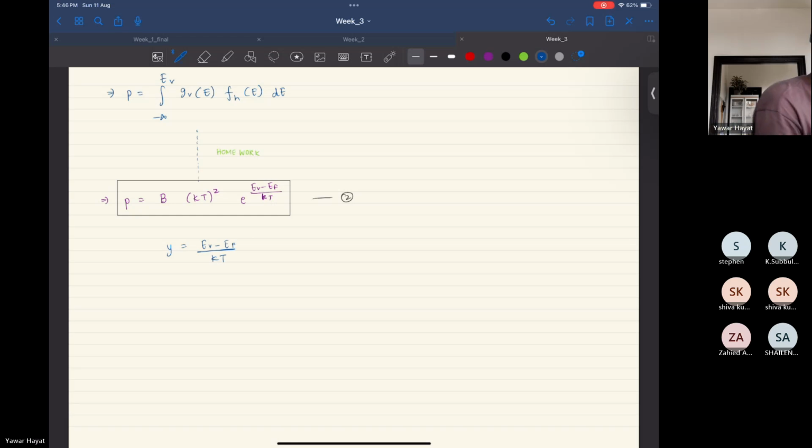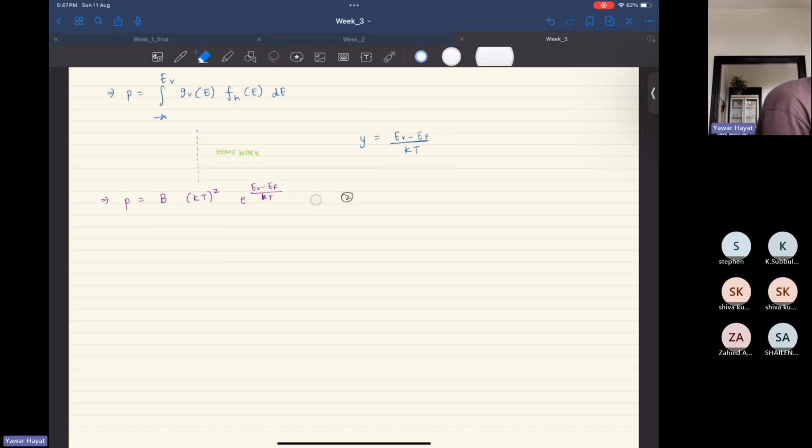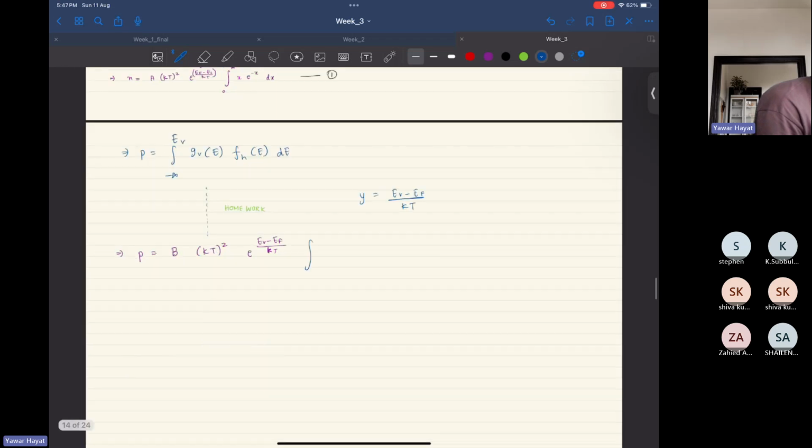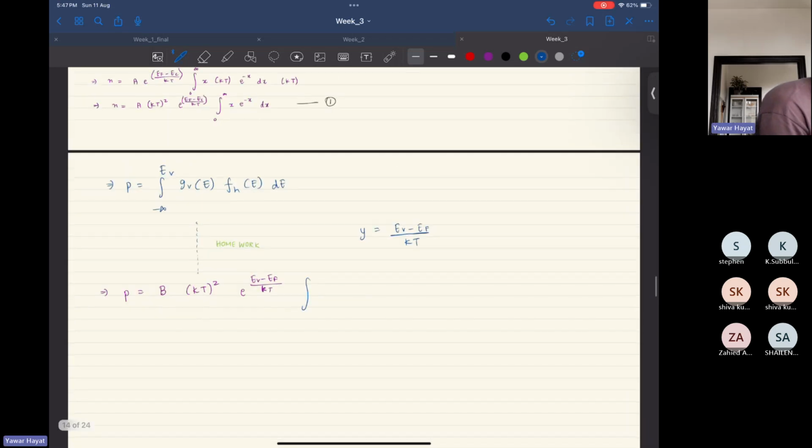I mean, my bad, I guess I missed out. We need to use this substitution somewhere here, right? In this homework. And what we'll end up is we'll be getting this one as well. There would be this factor, right? There would be this factor, 0 to infinity.